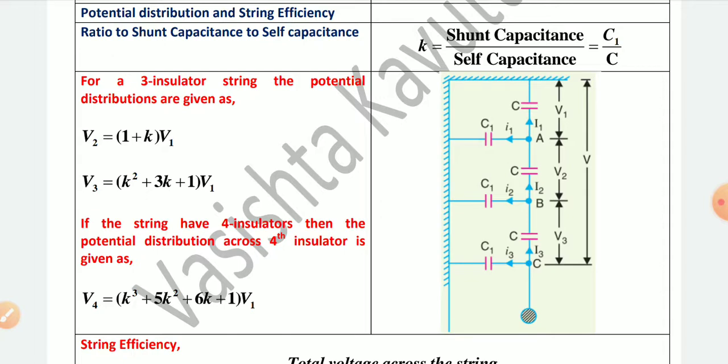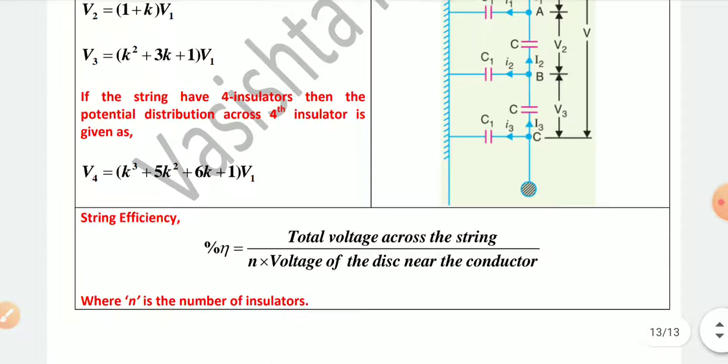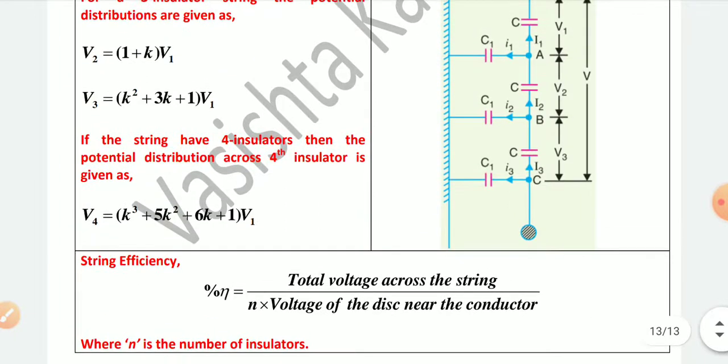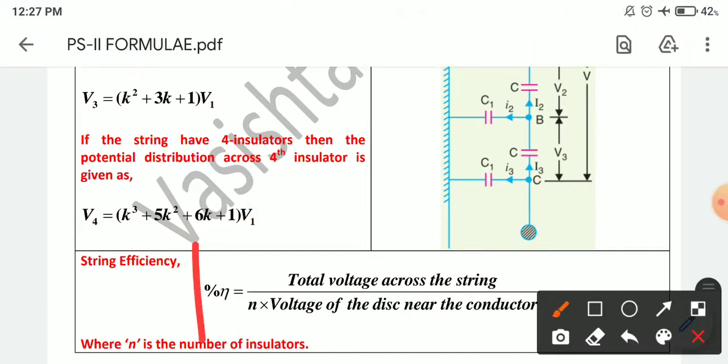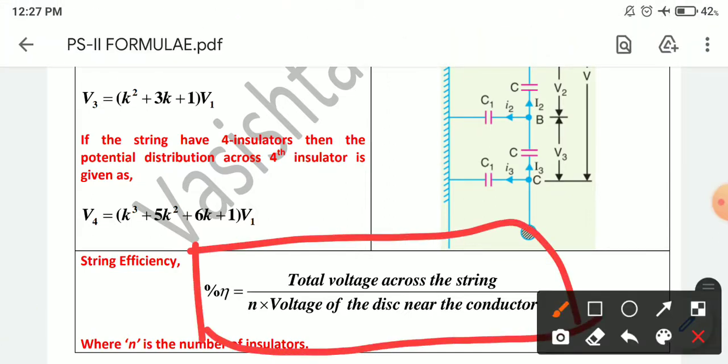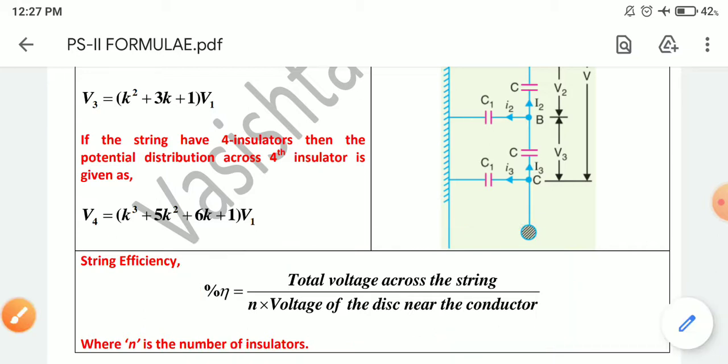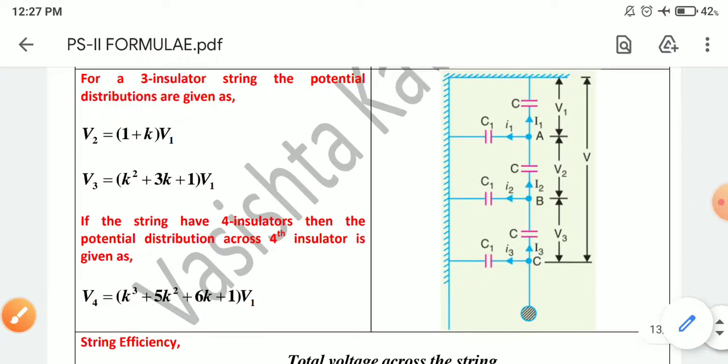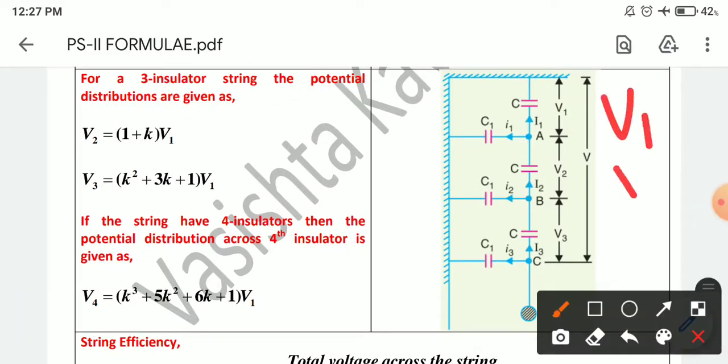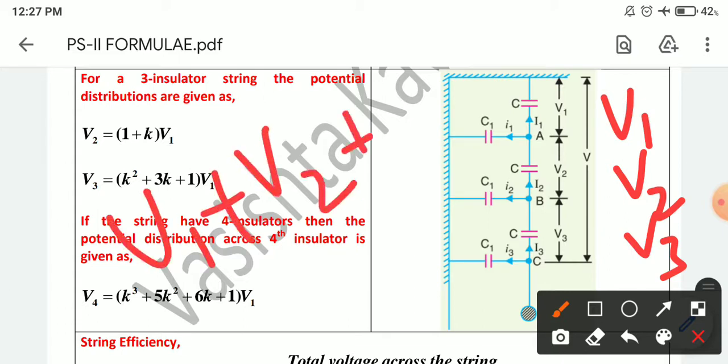Remember that value. Next, the string efficiency can be calculated as the total voltage across the string divided by N into the voltage of the disc near the conductor. This is a very important formula for calculating string efficiency. The total voltage across the string is the summation of all the voltages V1, V2, V3 and so on, one for each disc, up to Vn.